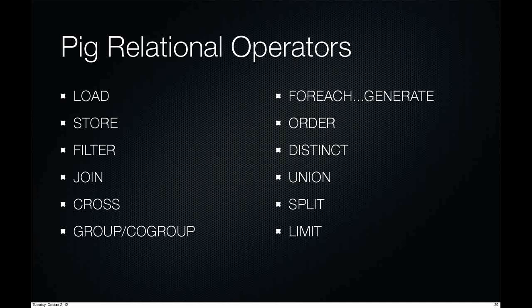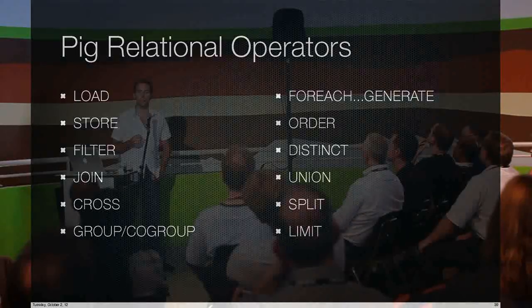So it kind of creates a horizontal aggregation or listing versus a vertical listing. So that's a lot to go into, and I'll just kind of brush over that for you. And then foreach generate is kind of like how we can do groupings and emit. Order by, distinct, union, split, limit, those should all be fairly self-explanatory.